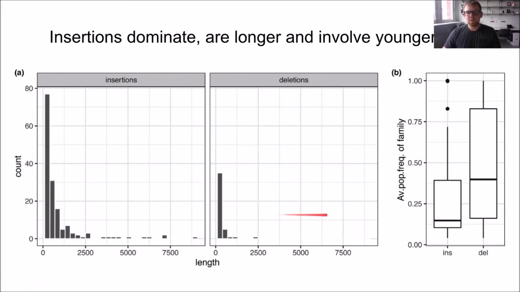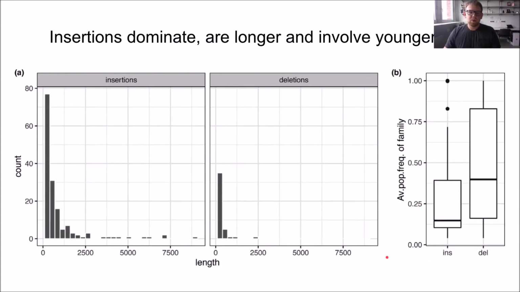And furthermore, if we looked at which TE families are involved in insertions or deletions, we found that insertions involve families that have a lower population frequency, which is a proxy for the age or the time of activity. So if we have lower population frequency of TEs, this means that they were recently active or maybe are still active.